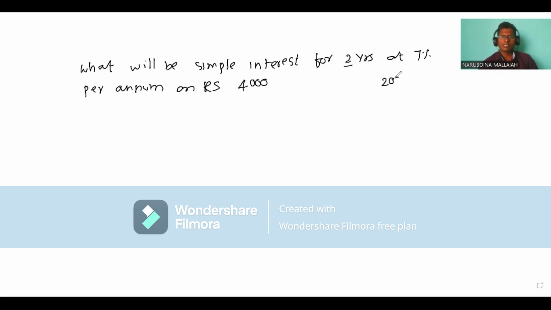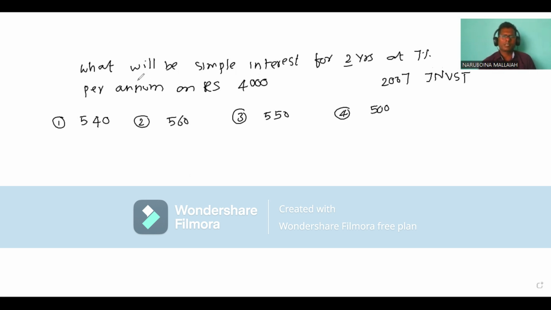This question was asked in the year 2007 Jawahar Navodaya Vidyalayas Samiti test. First option is 540, second option is 560, third choice is 550, fourth choice is 500.